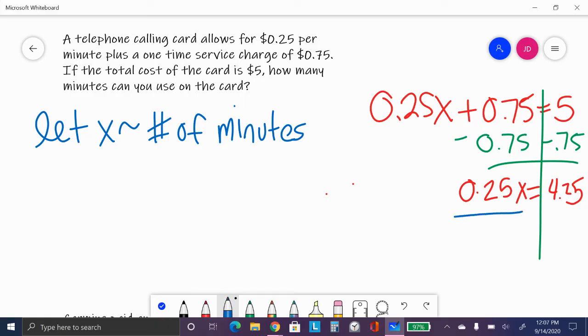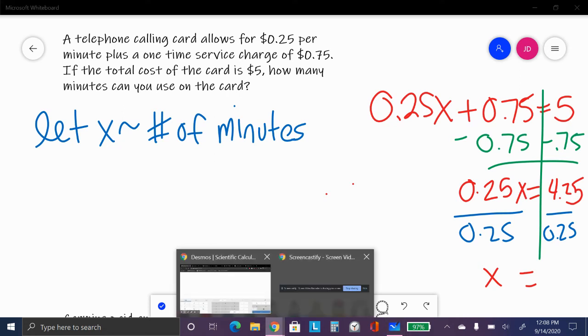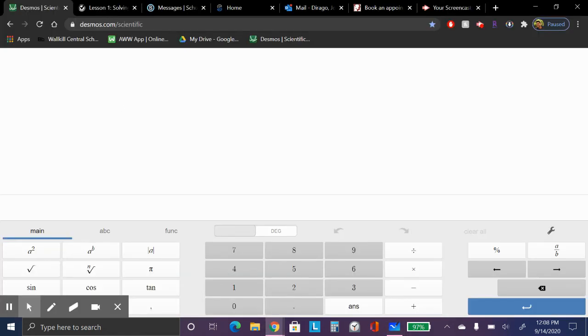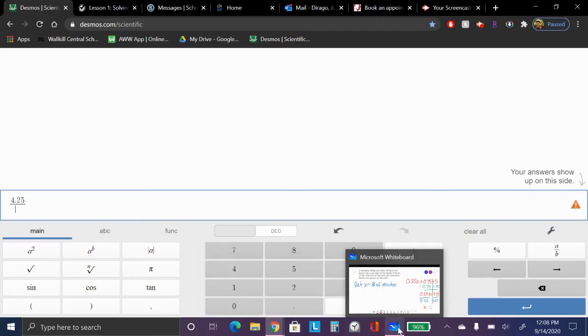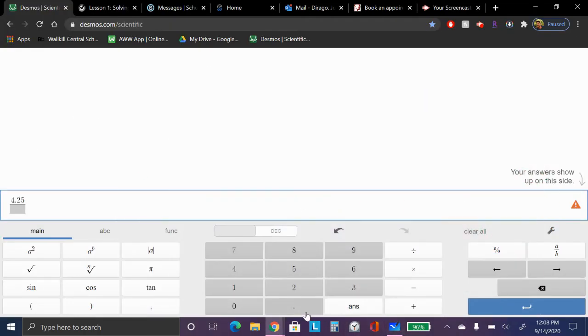Divide both sides by 0.25. And we get X is, now if you don't know off the top of your head, you can use a calculator. All right, so we have 4.25 divided by 0.25.